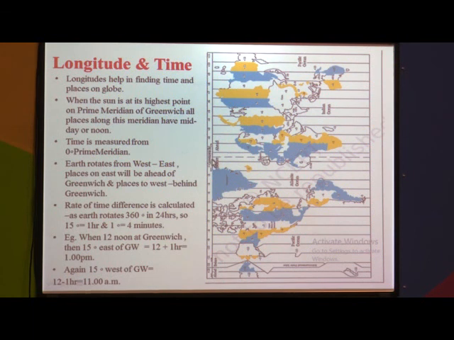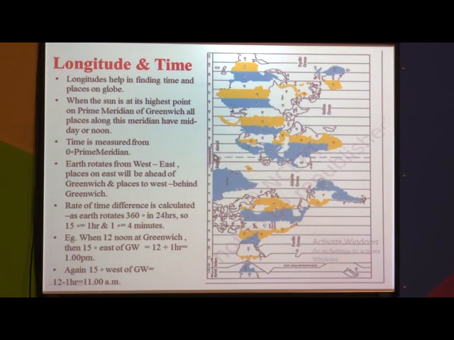What we have to do? 15 degrees means 1 hour. So this is 1, 2, 3, 4. So plus 4 hours we will do. If it is 12 o'clock at Greenwich, then we will go ahead by 4 hours, because India is located here on the 4th longitude. So after 12, 1, 2, 3 and 4, it will be 4 o'clock in India at that time.